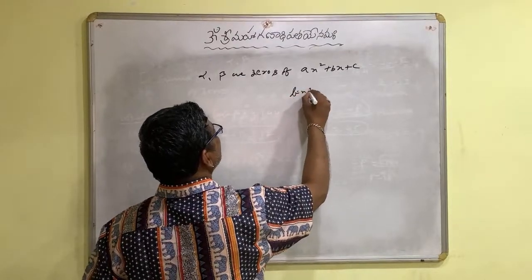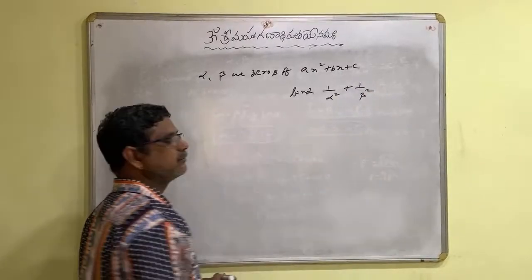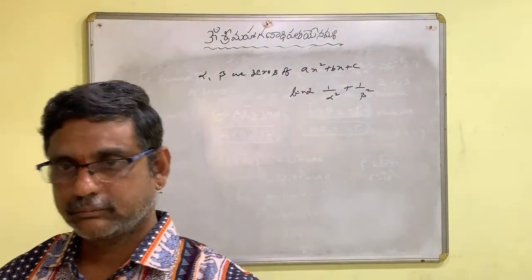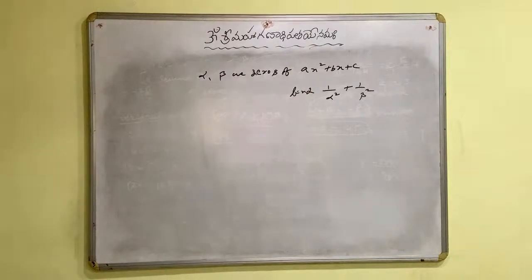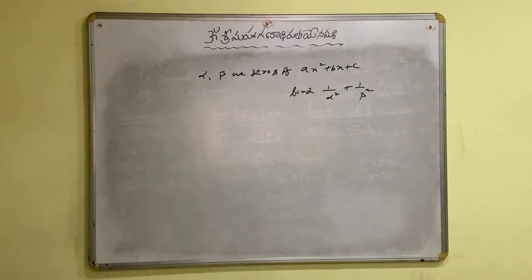Then find 1 by alpha square plus 1 by beta square value.